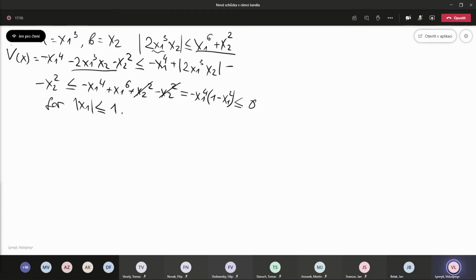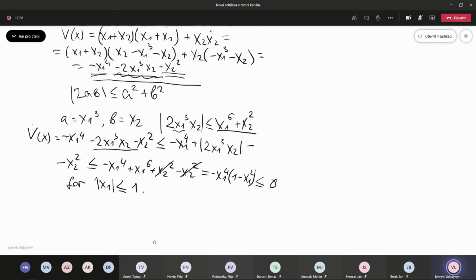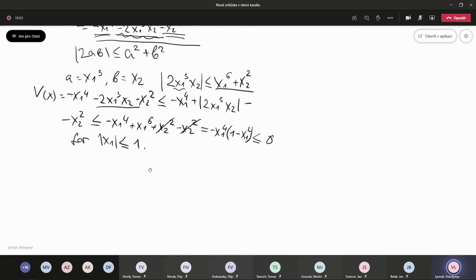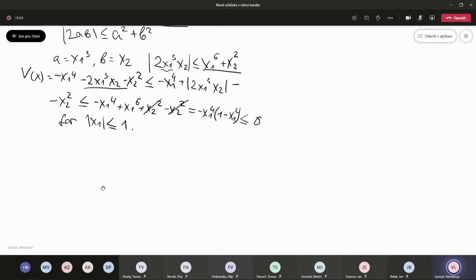Okay, now we proved that this system is local Lyapunov stable, because near the origin dot x is less or equal to 0.